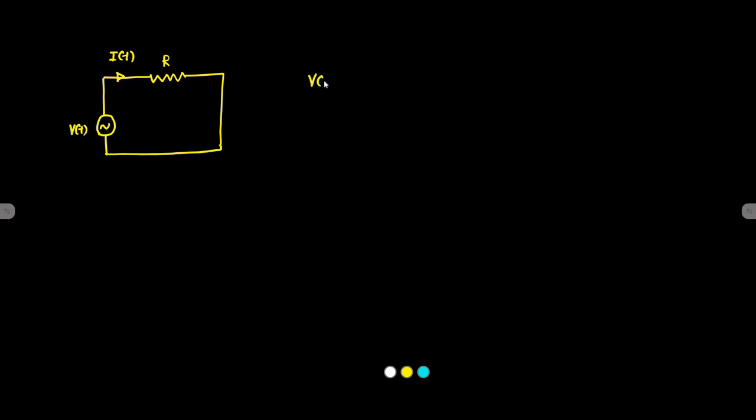So here let the time varying alternating voltage instantaneous value be given by V max sine omega t.